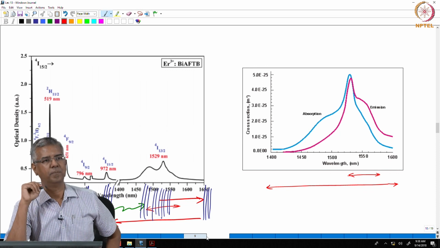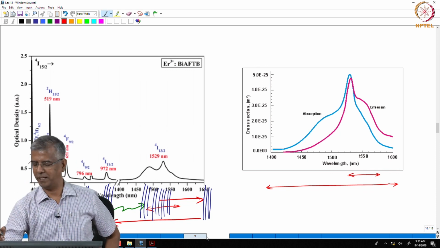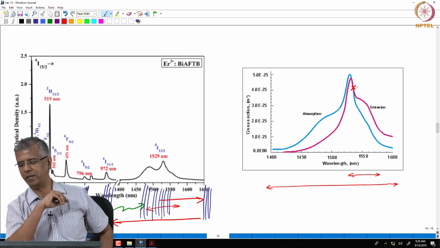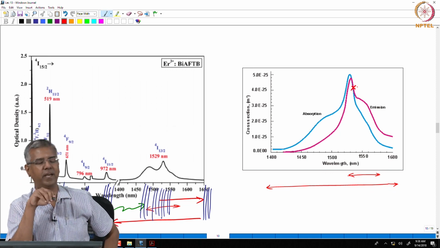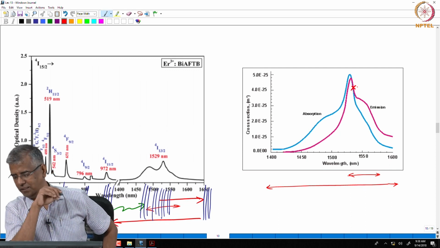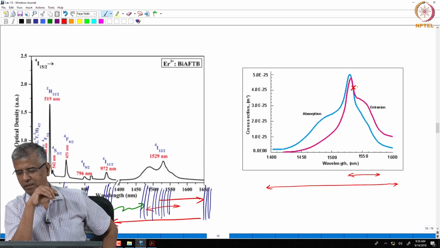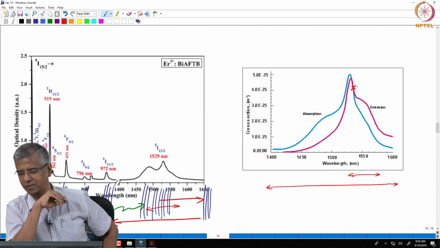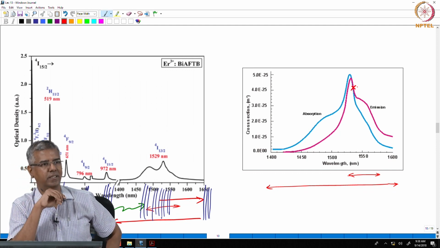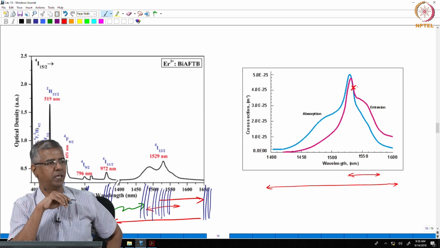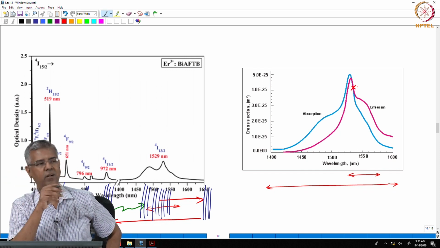They are not typically equal. In fact, there is only one particular point where they overlap, around 1540 or something like that, 1535 maybe. At that point they are equal, but in general they are not equal.